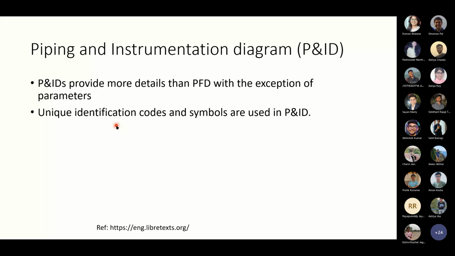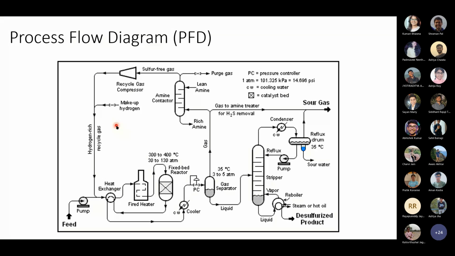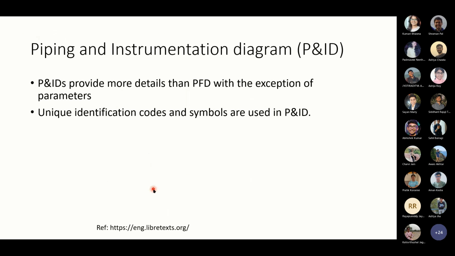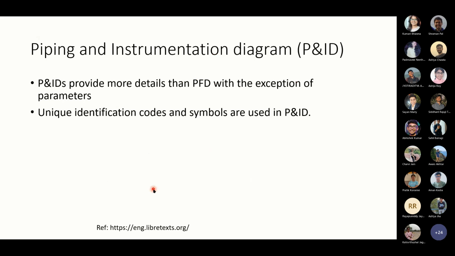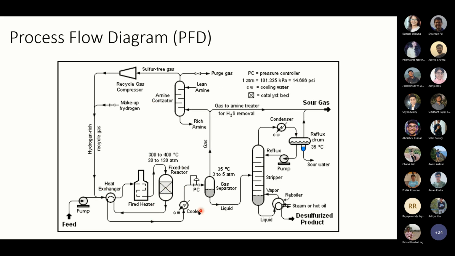In the PFD, whether it is a hot line or insulated line doesn't matter. We'll just put a simple line. Like when you come out from a heater, they always use an insulated line, but we don't show that in the PFD diagram. But in the P&ID diagram, we will show that this is insulated. This is the utility line. For example, here you need to use a cooler. In the cooler, we need to use cold water, right?